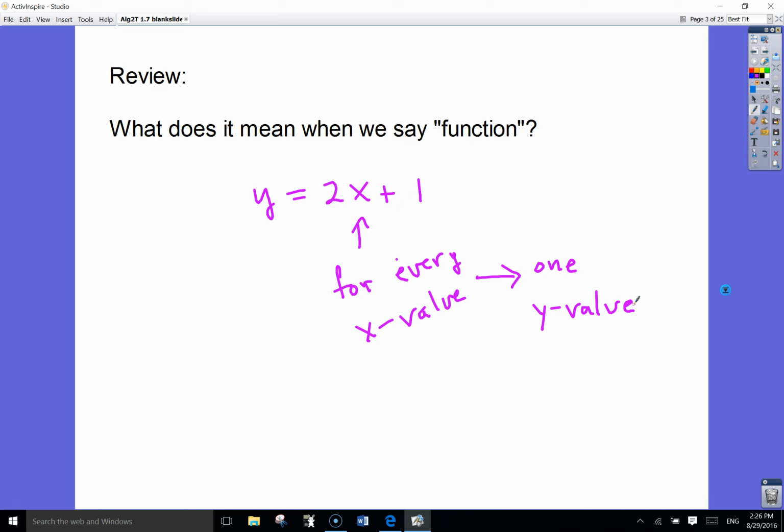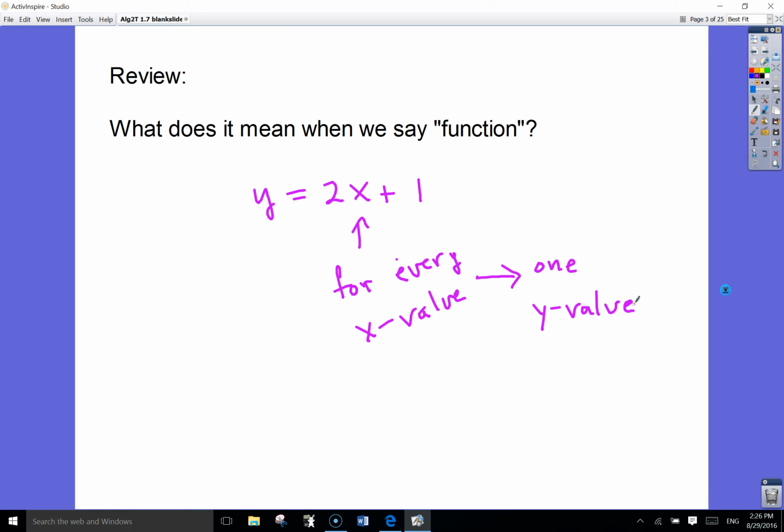Now, if you did this in Algebra 1, sometimes you did it by looking at a mapping diagram or a set of ordered pairs or a table of values, and in that case you always looked for repeated x values to be the sign that that was not a function.